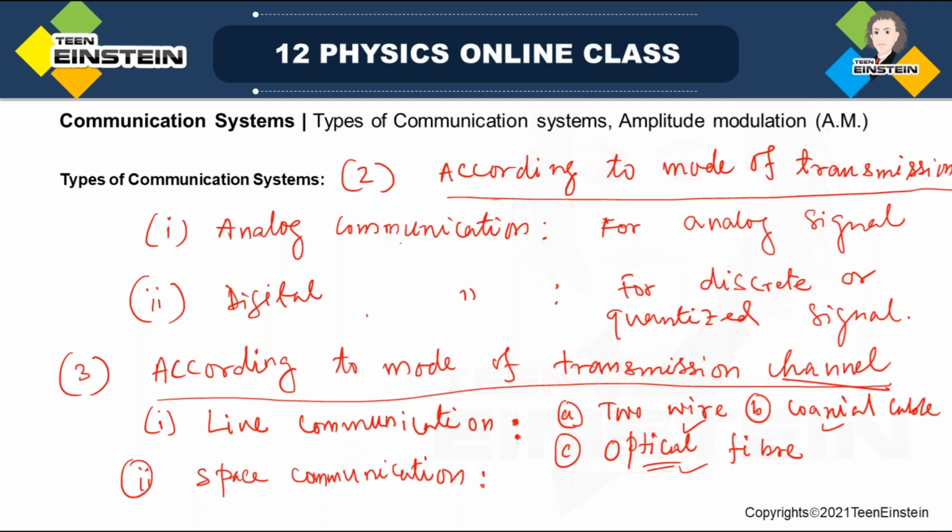Those communications are using the space for transmitting our information from one place to another, because all the signals we use in this case are actually radio signals. Radio wave is one type of electromagnetic wave.